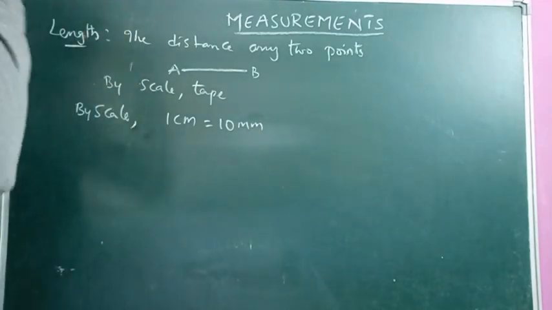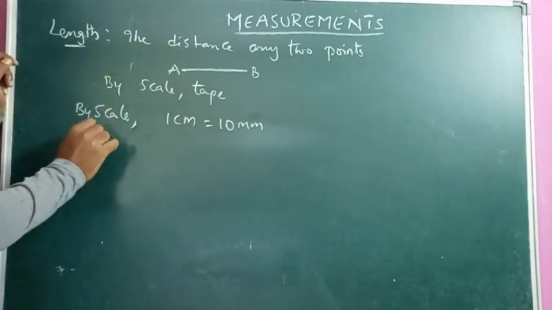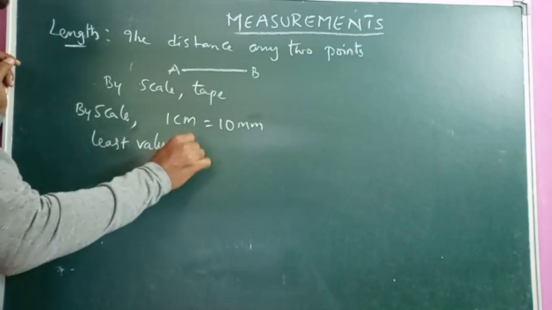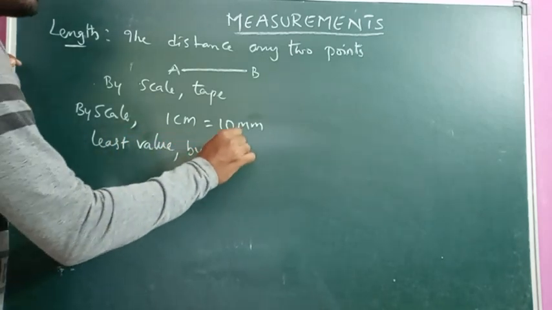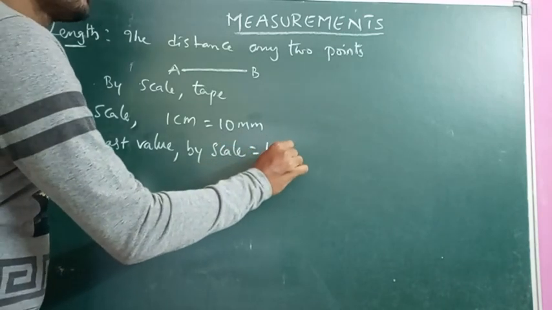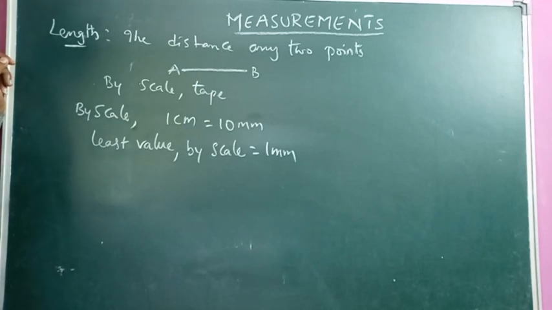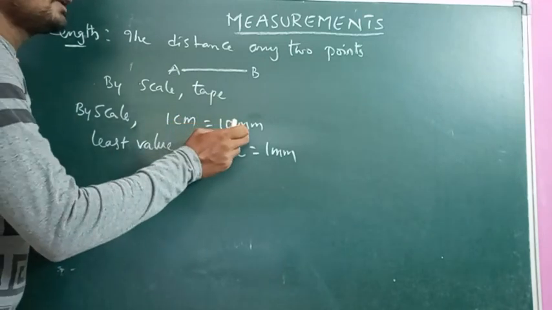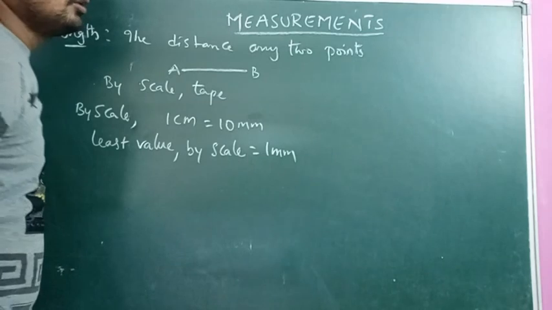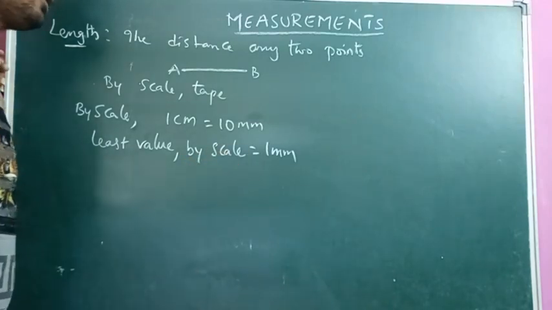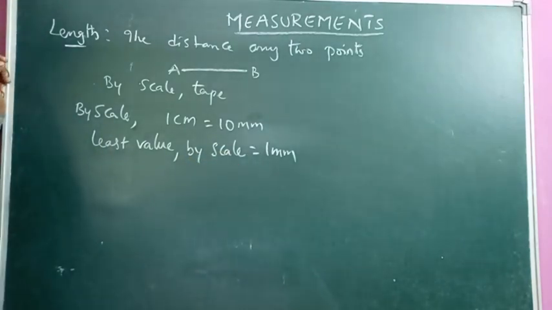So the least value we can measure by an ordinary scale is 1 millimeter, because 1 centimeter is divided into 10 millimeters.